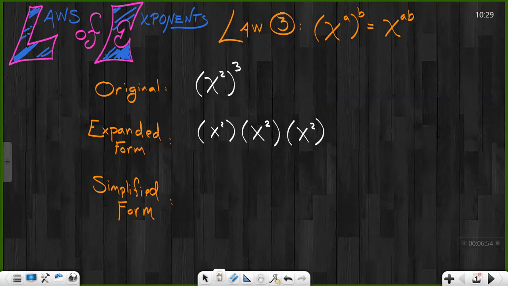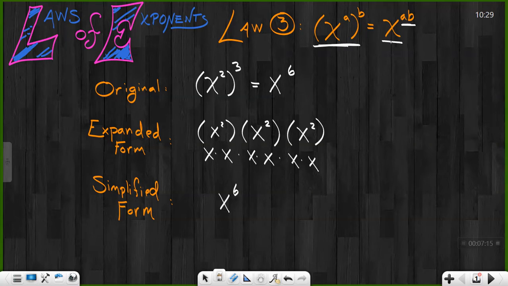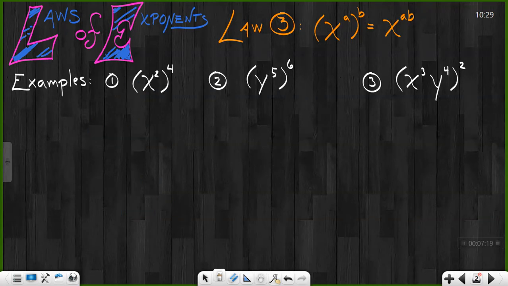All right, which if I expand that even further is x times x times x times x times x times x. And that is multiplying 6 x's all together. All right, so we notice that x squared to the third is x to the 6th, showing us that if we're taking an exponent to another exponent, we multiply those exponents and keep that base. That's law 3. Let's put it into practice.